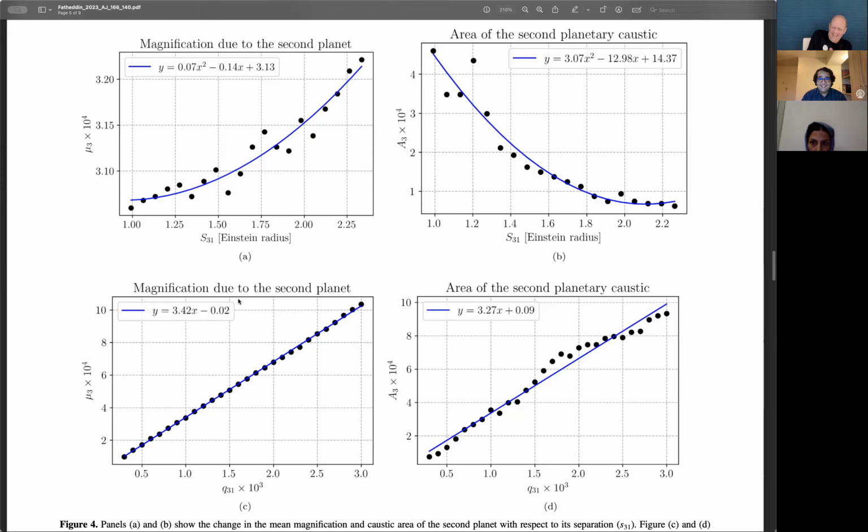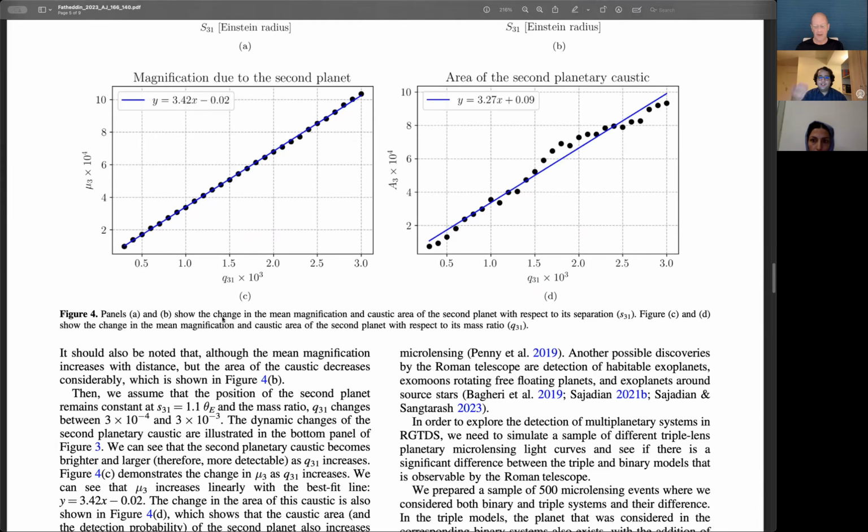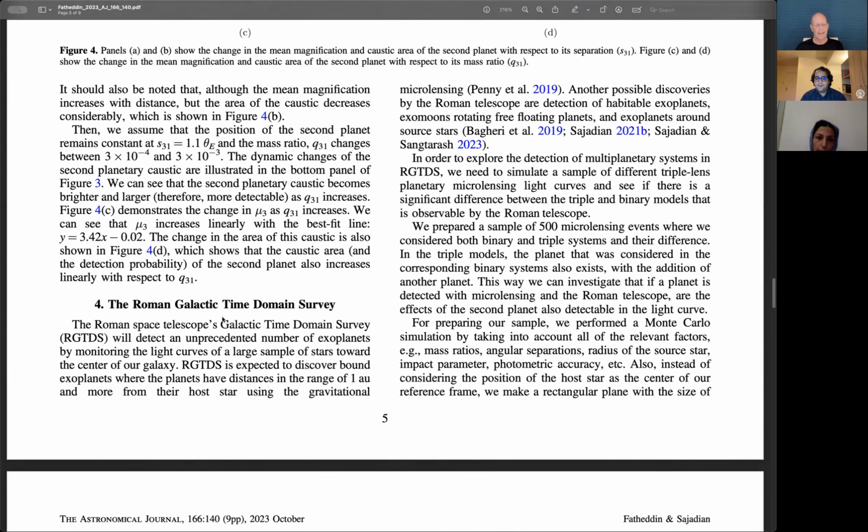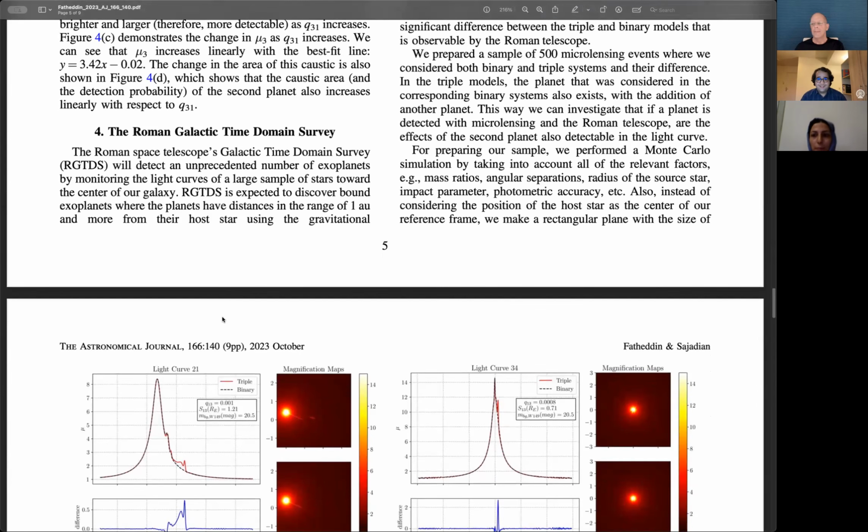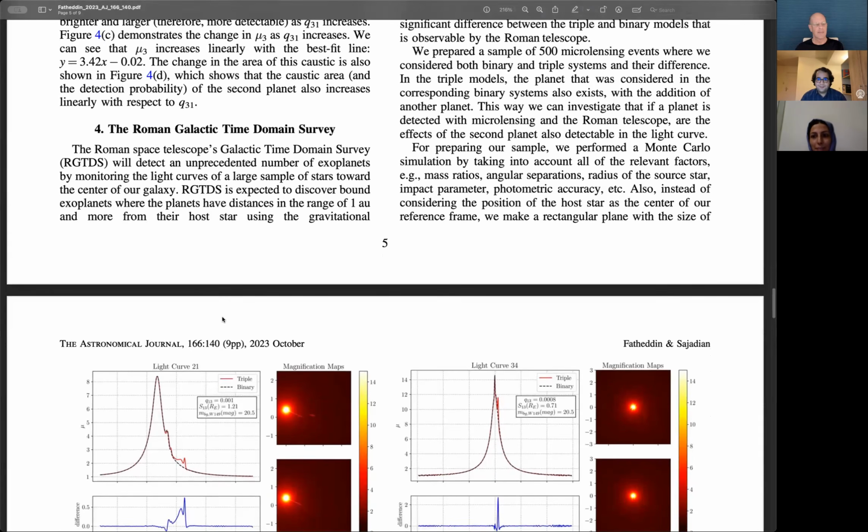Yes, we are very much anticipating its launch. It's going to completely revolutionize the field of microlensing by providing a lot of data. Yes. And I think Professor Sajadian can explain more about the Roman Galactic Exoplanet Survey.